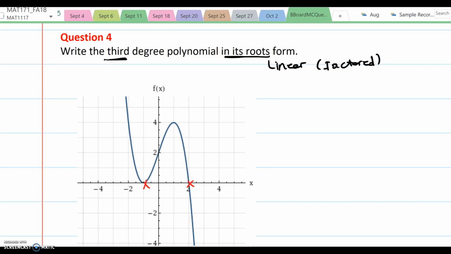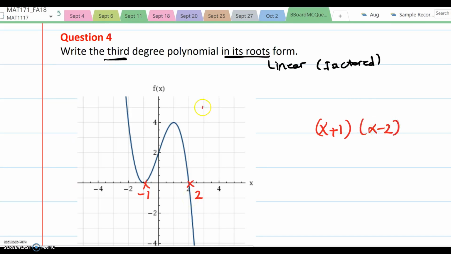All right, so how are we going to do that? First, identify the roots. One of the roots is -1. The other root is 2. So if I have -1 as a root, I need to write it as x + 1. If I have 2 as a root, I can write it as x - 2.